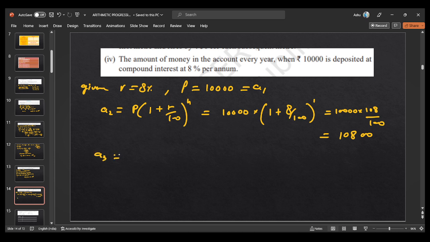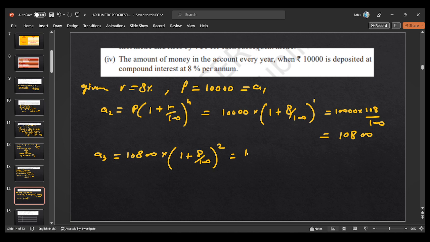Then A3 will be, because this is compound interest, the next interest will be on the previous amount A2, 10800. Into 1 plus 8 by 100, because it's the second year.